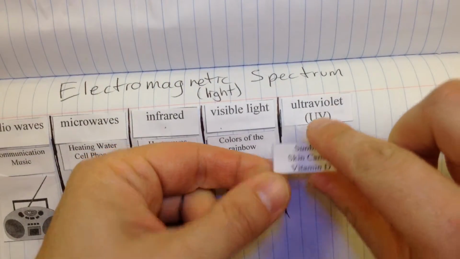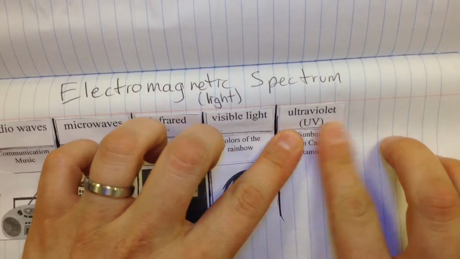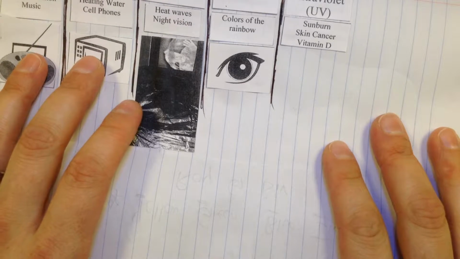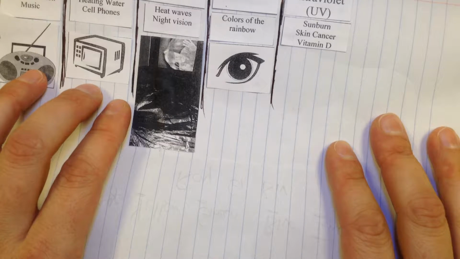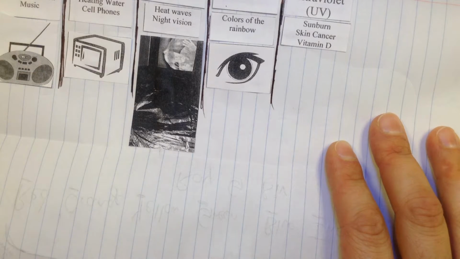And then it says there on the little piece of paper, vitamin D. Wait a second. Vitamin D sounds like a good thing, doesn't it? It is a good thing. Your body actually makes vitamin D using ultraviolet light. You eat part of your food that has what it needs in it, and then as your skin gets radiated, vitamin D is formed.